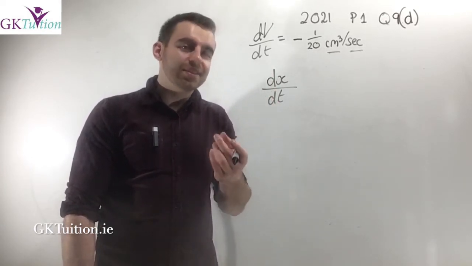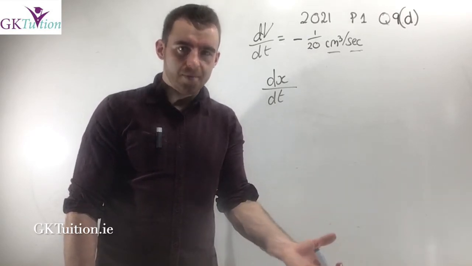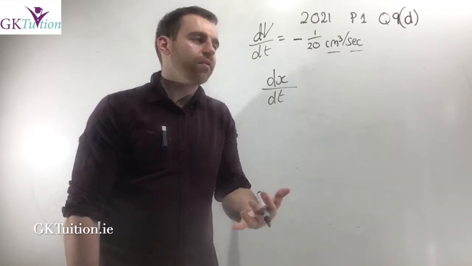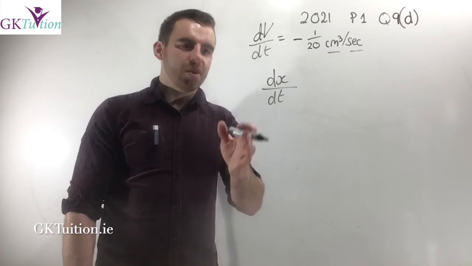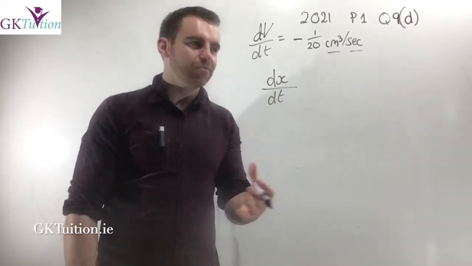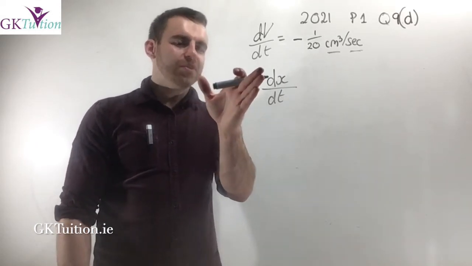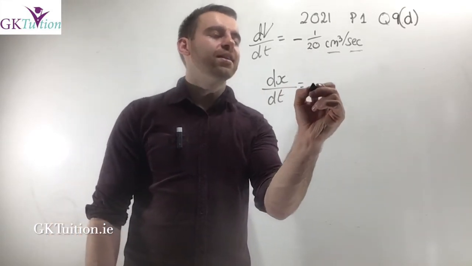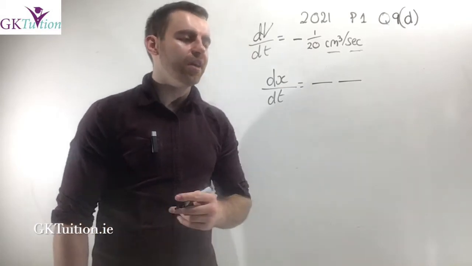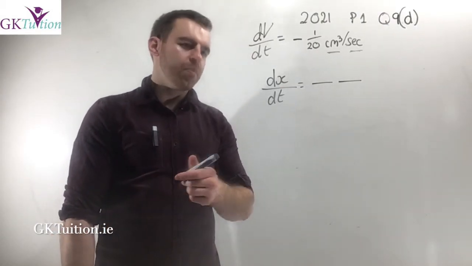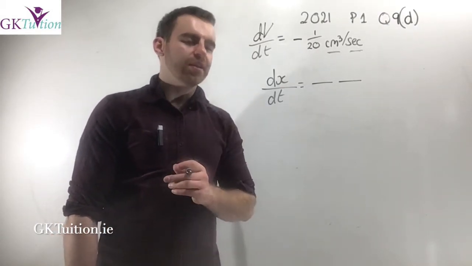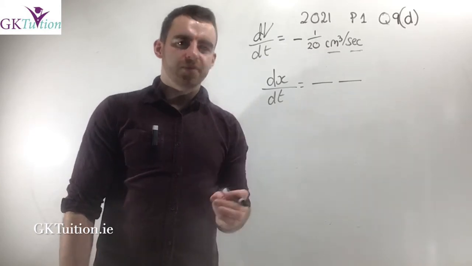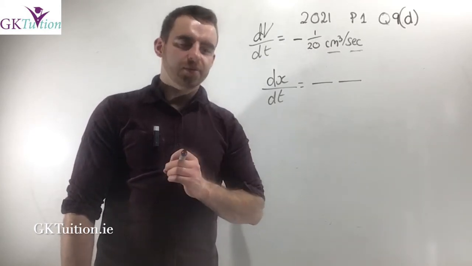So notice they didn't say get the rate of change of x relative to time, but if they just say get the rate of change of x, it's assumed that they're talking about time, because everything is relative to time. So the rate of change of x, we're looking for dx over dt. Now think back to the second last tutorial we did on differentiation. We did this a load of different times. If I'm looking for dx over dt, I'm going to use 2 derivatives from the question to work it out.